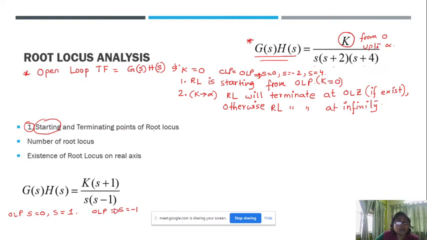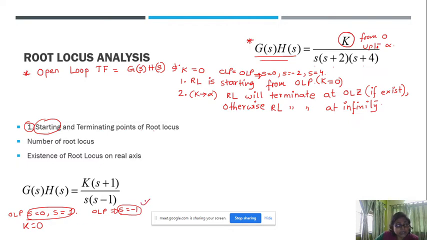So now when k equal to 0, from where will the root locus start? When k equal to 0, the root locus will start from the open loop poles, and when k equal to infinity, it will terminate at minus 1. Another one will go to infinity also, but I will come to that point afterwards.